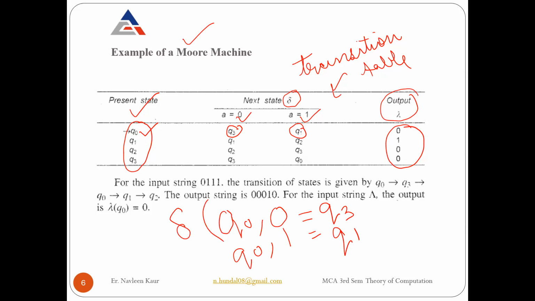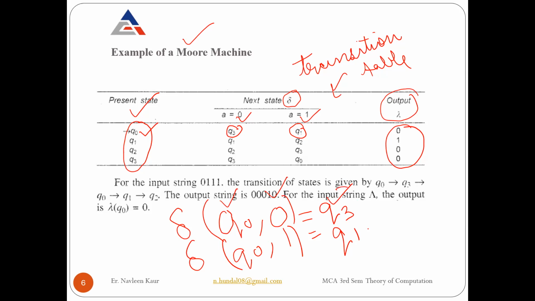This is the transition function for the next state. And it is true because the next state that you get is always dependent upon what the current state is and what input you give it.